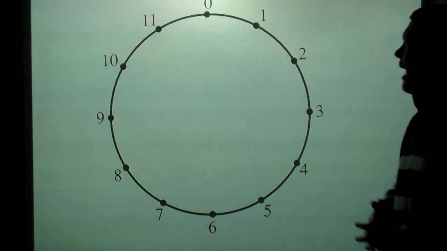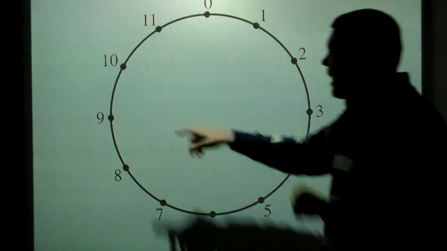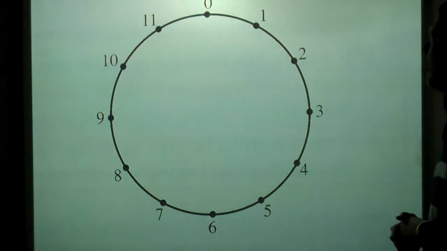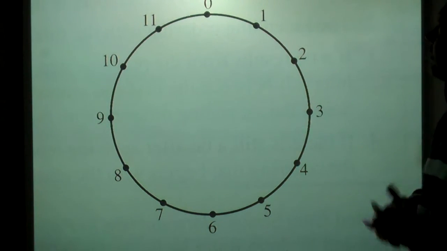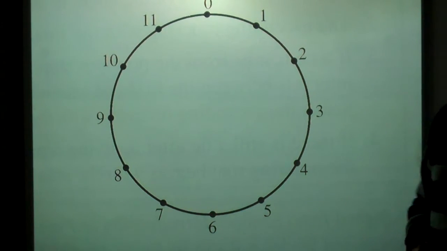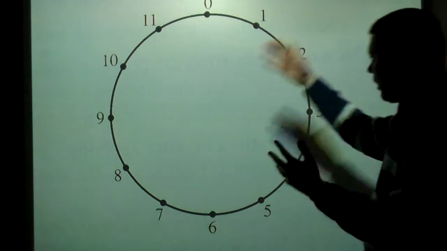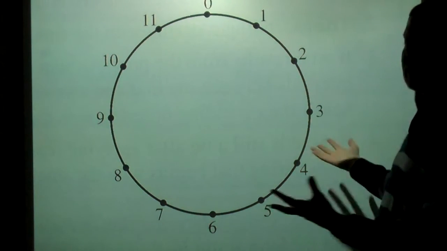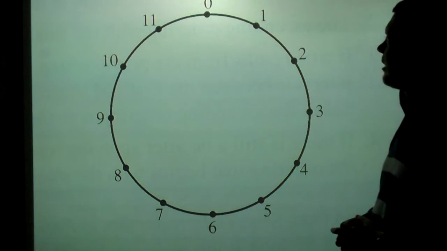Now, what happens, for instance, if you need to add pitch class 10 to pitch class 11? Well, in traditional math, you would get the sum of 21. But 21 is not between the numbers 0 and 11, and it doesn't occur on our pitch class clock face.